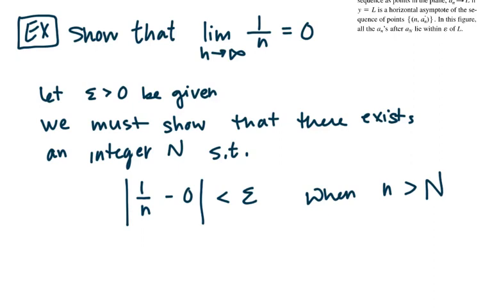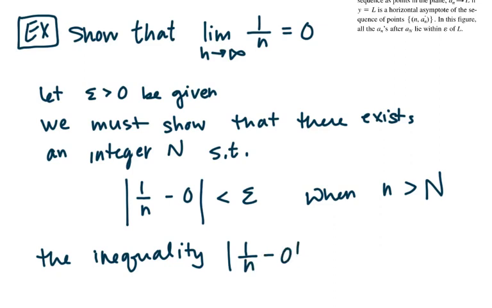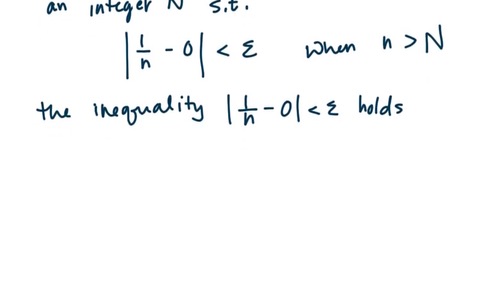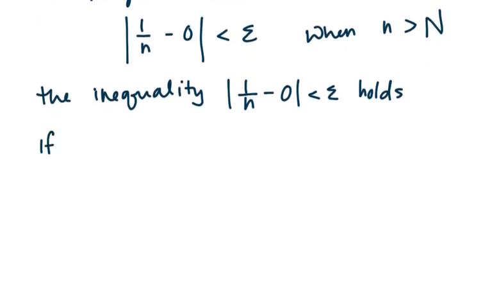So what we know is that the inequality holds as long as 1 over n is less than epsilon, or n is greater than 1 over epsilon. That second part I've just rearranged algebraically.